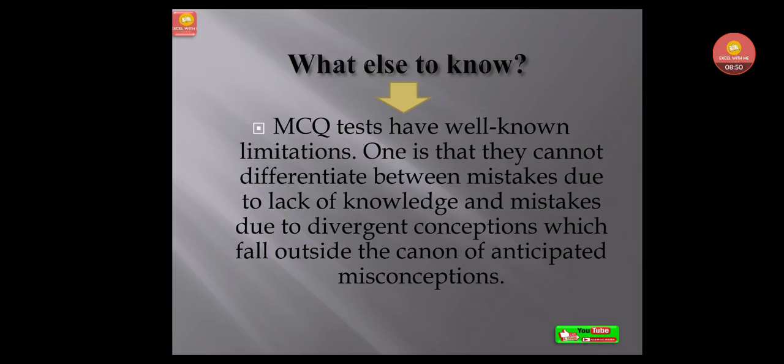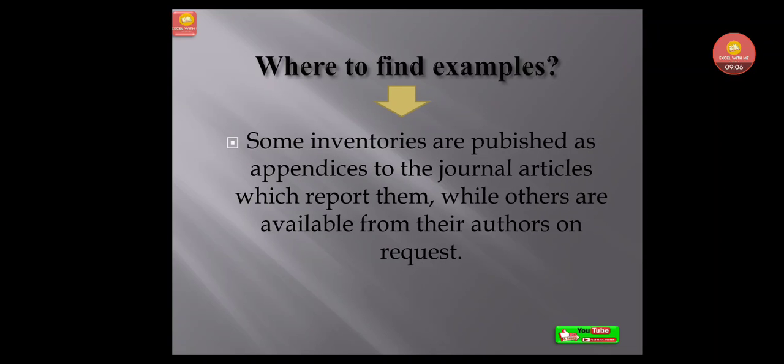There are other limitations also which may particularly affect earlier concept inventories and which may be addressed by selecting carefully tested inventories. Now, where to find these examples?